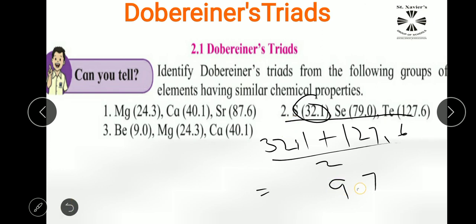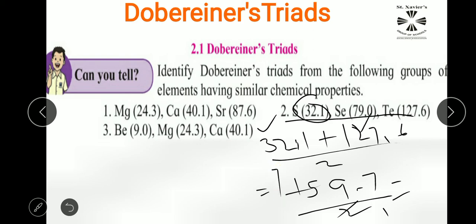The point is as it is, students. 2 plus 3 is 5 and 1 as it is. So we divide by 2. 2 ones are 2, 2 sevens are 14, 1 left, it becomes 19. 2 nines are 18, again 1 left, we put the point. 2 eights are 16.